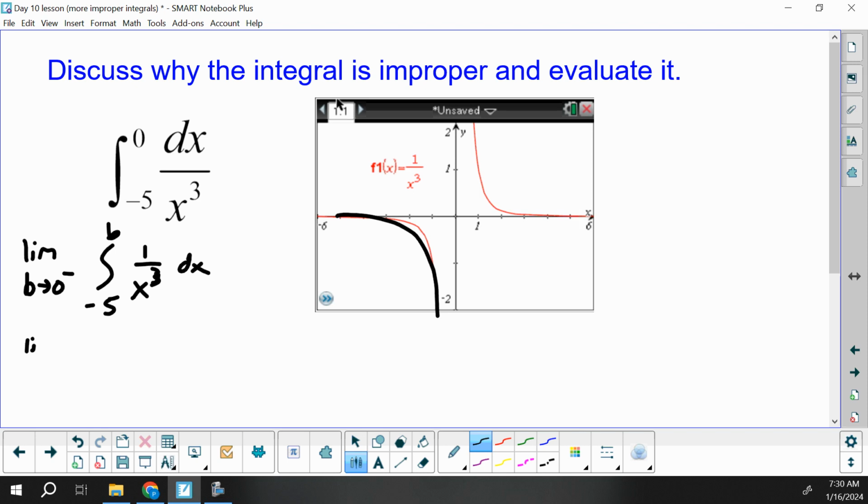So this is limit b approaches 0 from the left. This is really x to the -3. So the exponent is going to become a -2. Divide out front, you'll have a -1/2. And I'm going to write that x to the -2 as 1 over x squared. And this will get evaluated from -5 to b.